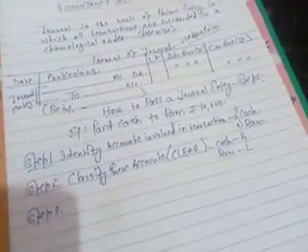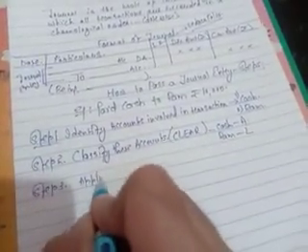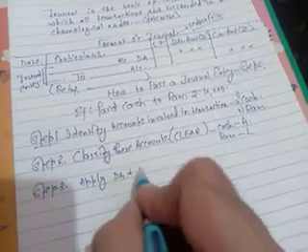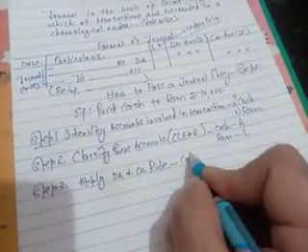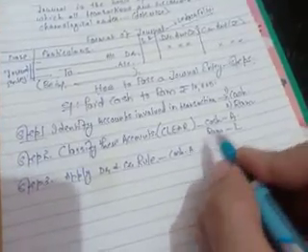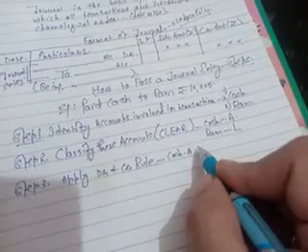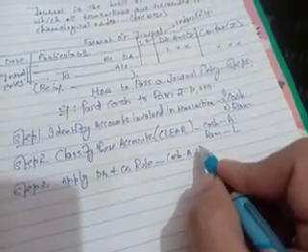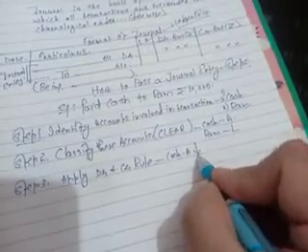Step 3, apply debit and credit rule. Now as we see, cash is an asset, and can we see whether this cash is increasing or decreasing? We can clearly say when we are paying cash to Ram, the asset is decreasing.